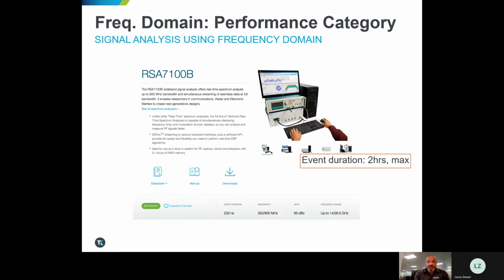In this case, the RSA 7100 Bravo series allows for deep assessment, a greater spurious free dynamic range, so that you can evaluate at very low signals how your electromagnetic signal from your unit under test is performing.